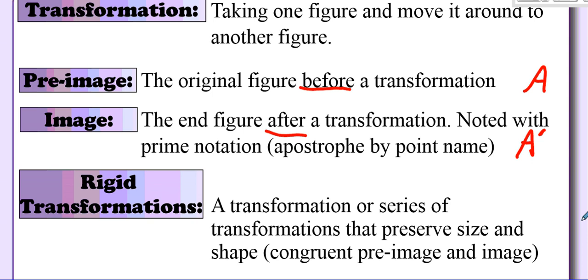Then a rigid transformation. Rigid mainly just means that it doesn't change size or shape. Preserves size and shape. They're congruent.